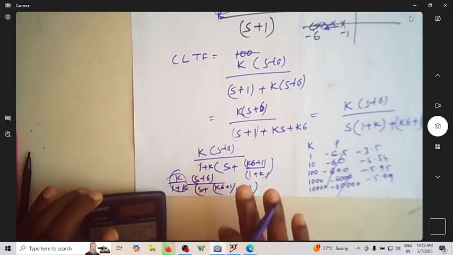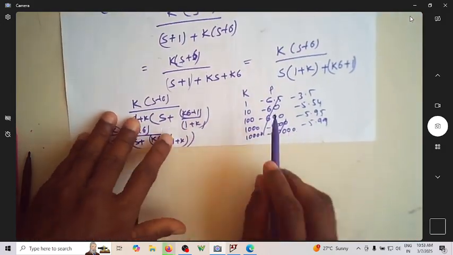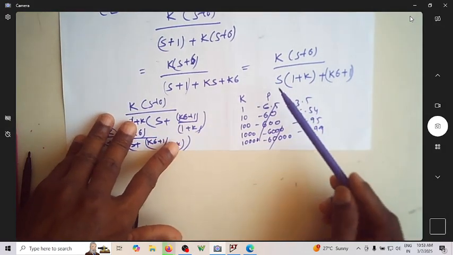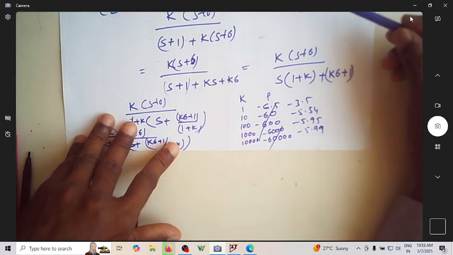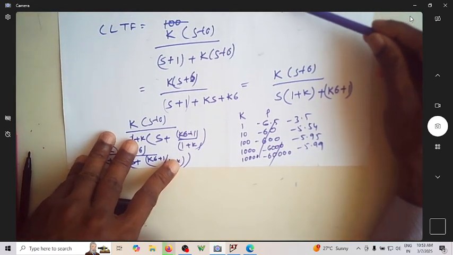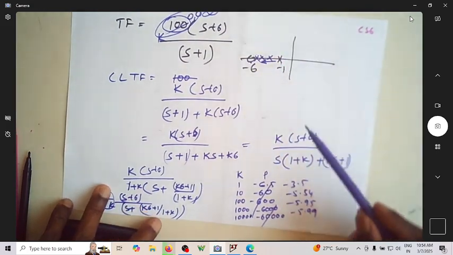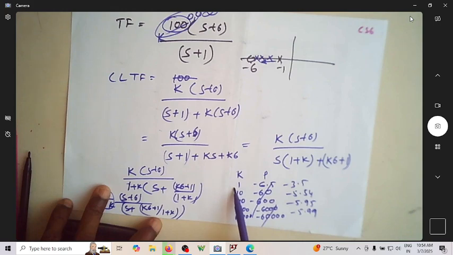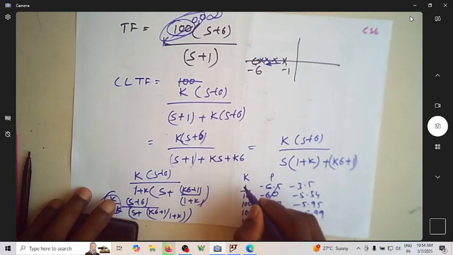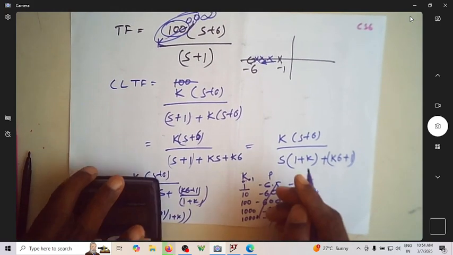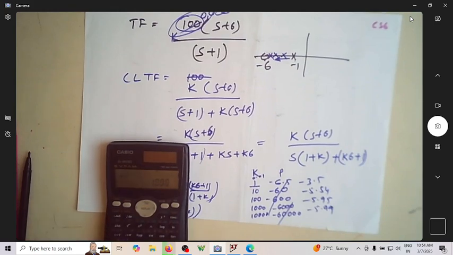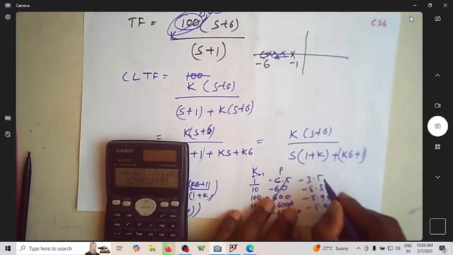It is very interesting to observe as the value of k is increasing. See now, this was your pole position, which is at minus 1 when the loop is open. When you close the loop, maybe you can take the value of k as 0.01. Can you see it's at minus 1.04?